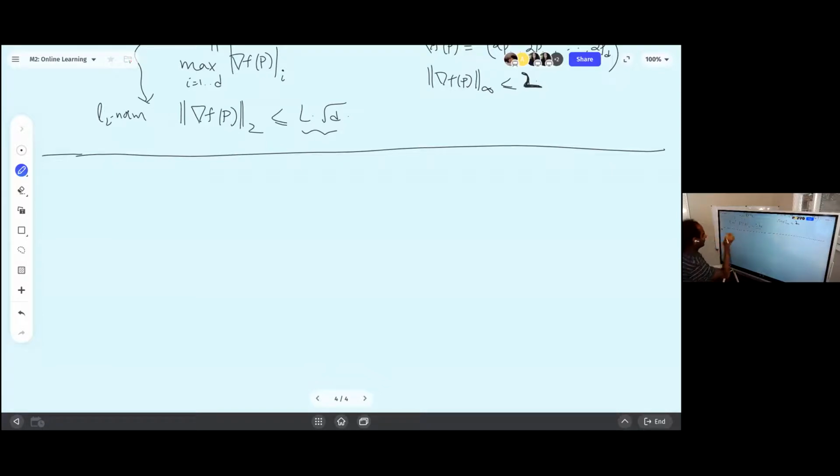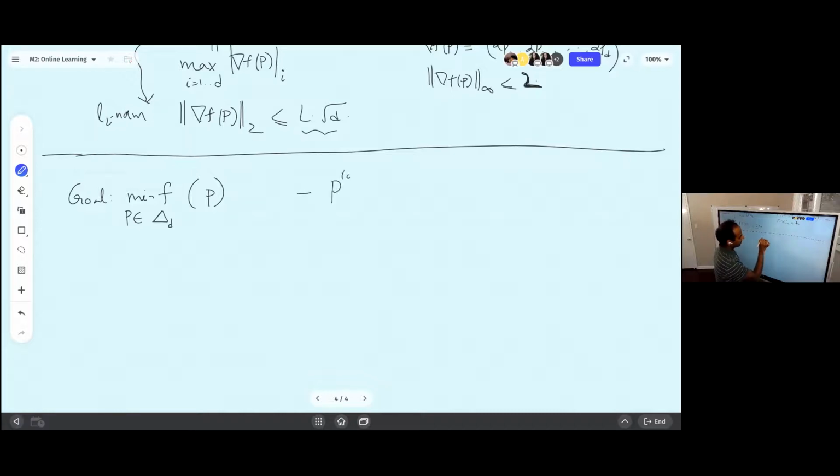Alright, so what are we trying to do? We're trying to minimize this function, but on the simplex. Now let's go back to one of the main algorithms that we looked at in the first section of the course, which was gradient descent.